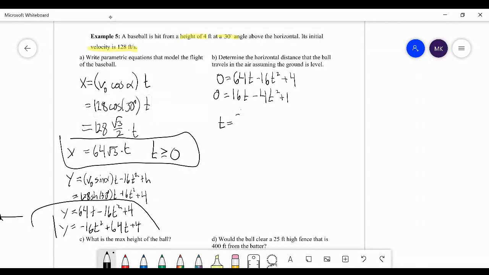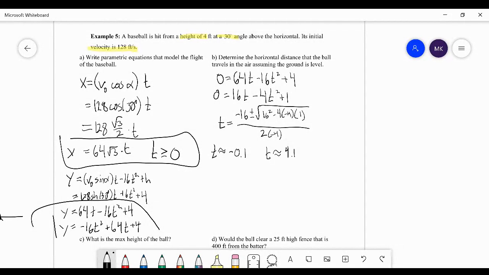So we have negative b plus or minus the square root of b squared minus 4ac, all over 2a. Use your calculator and carefully type this in. This should not be new to you, and you should be able to do this very easily. We get approximately negative 0.1, and approximately 4.1.